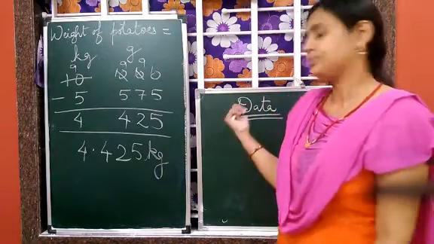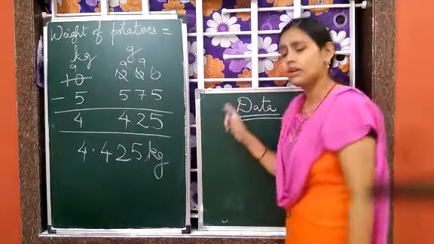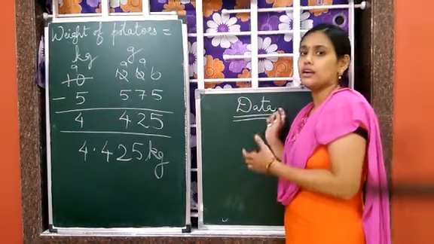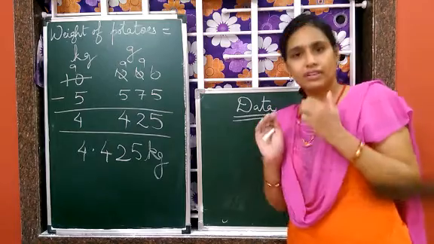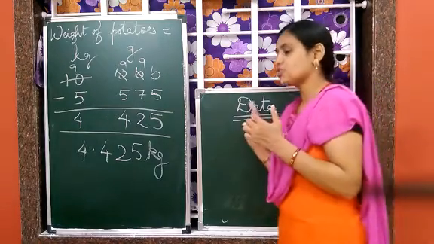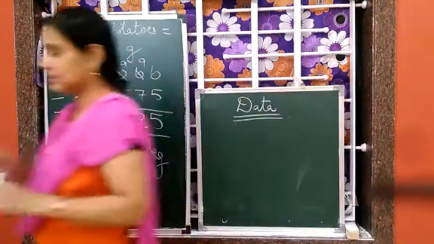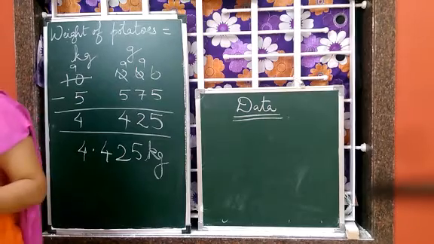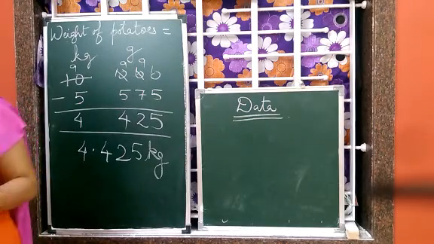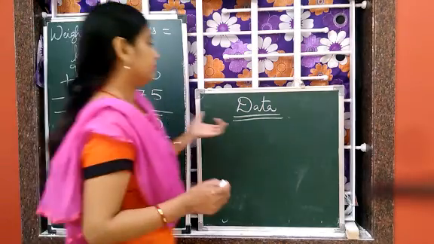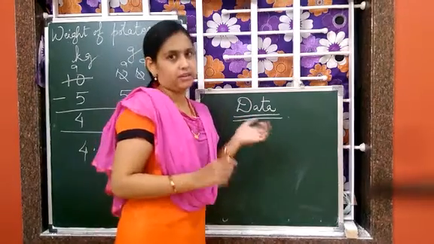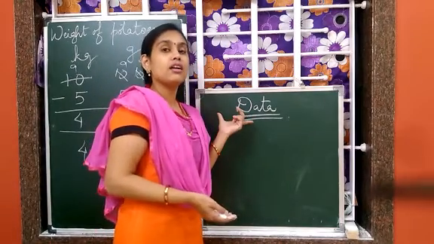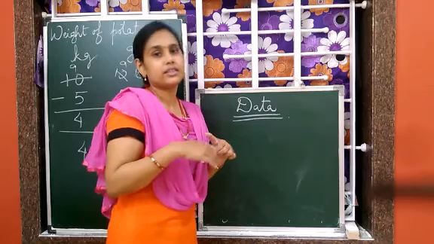Okay, so when we organize our data, that means we keep it with care. Okay, and our next chapter is about this only. It is data handling. How do we organize the data? Now before organizing the data, we need to collect the data.